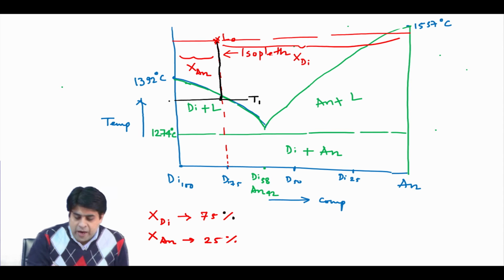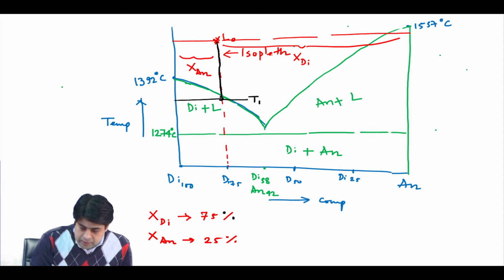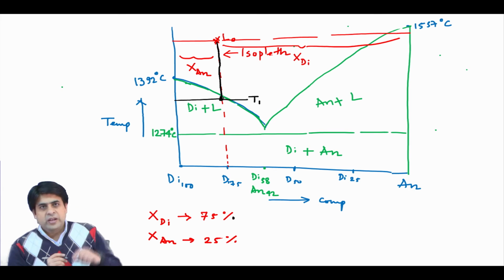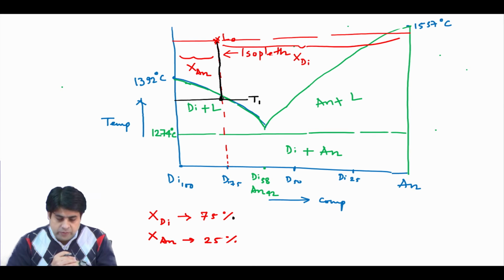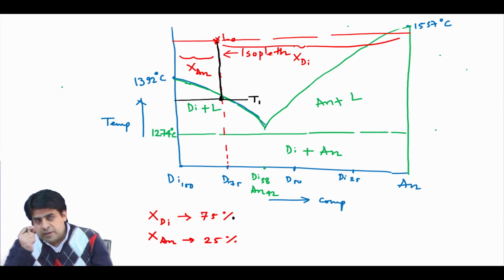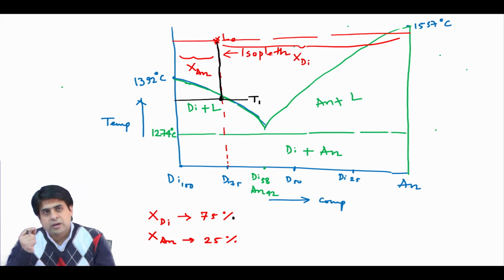At this point, when it intersects the liquidus curve, the first embryo of a crystal, solid diopside, will crystallize.